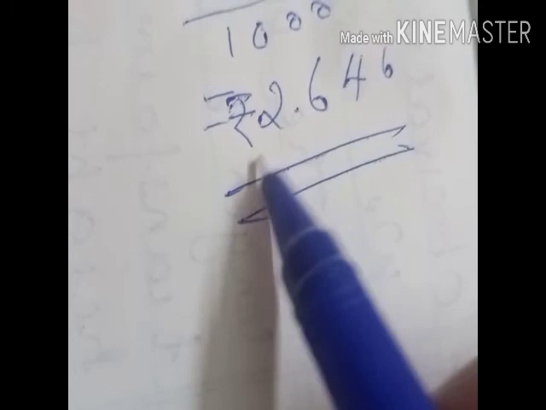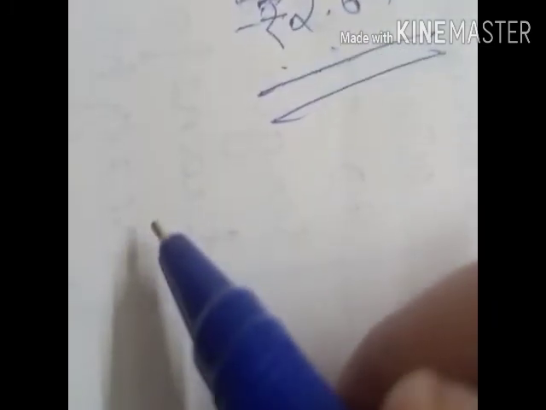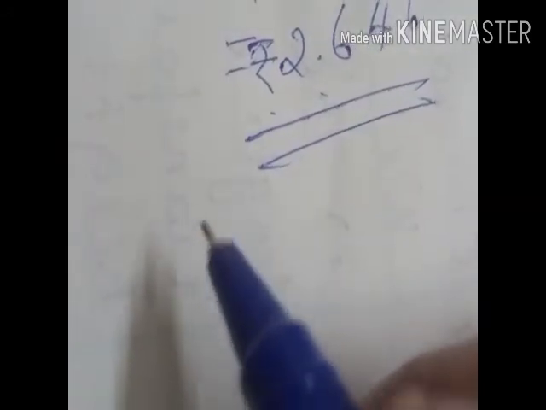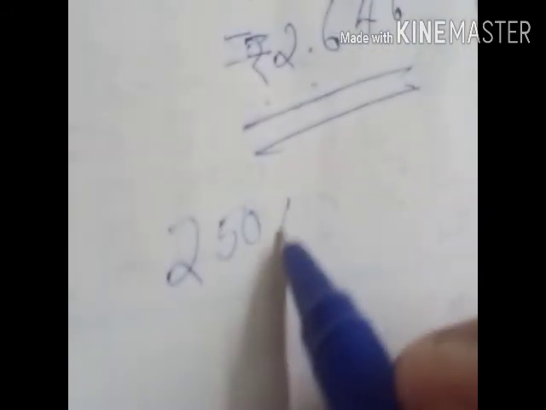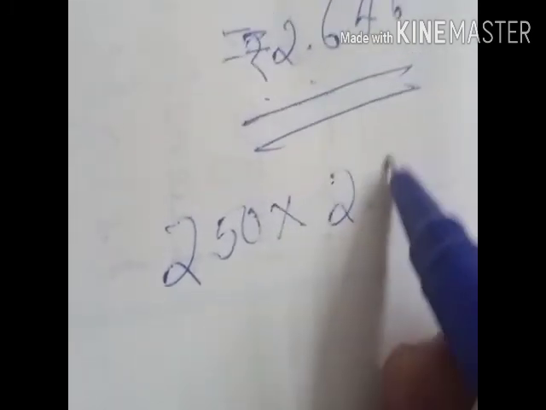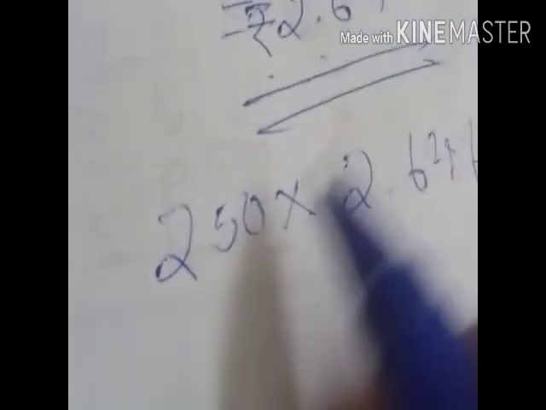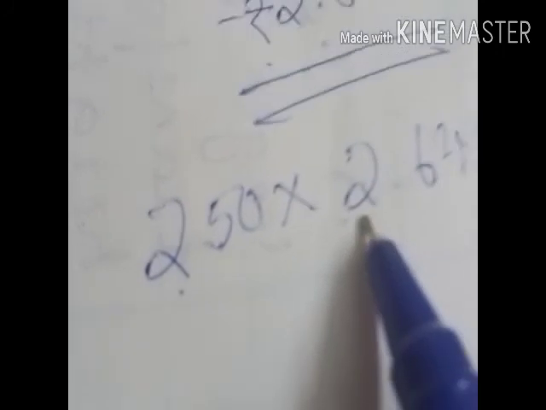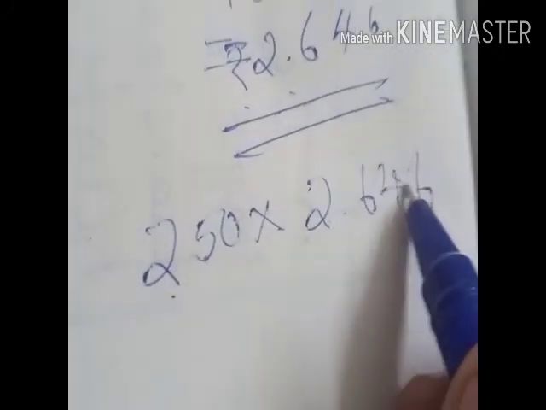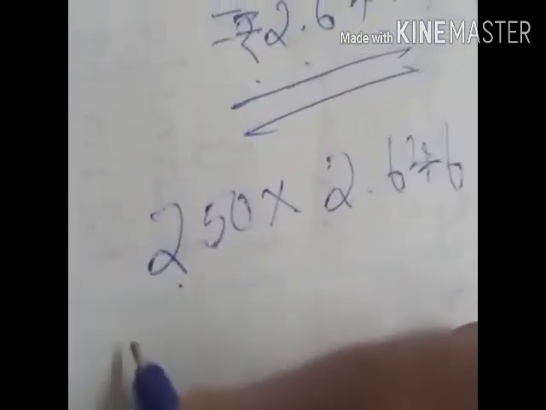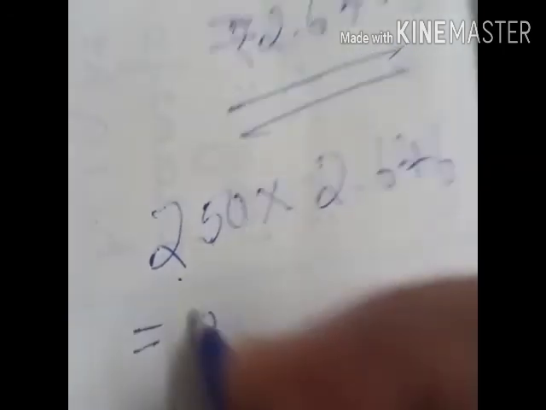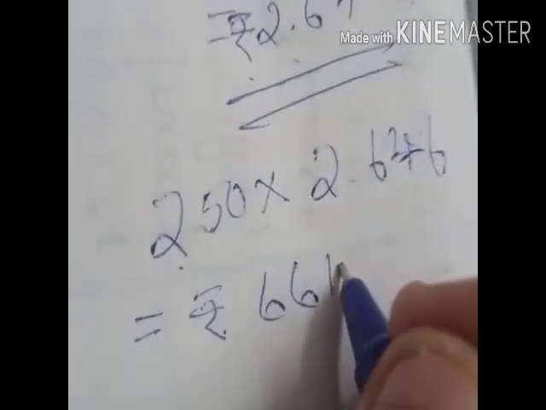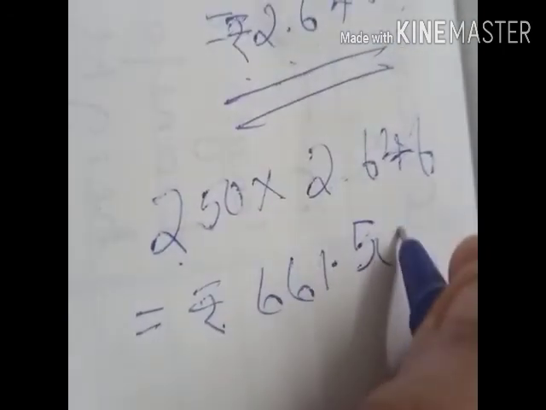For one small box, how much required? Rupees 2.646. So here we have to make 250. So what is the cost of 250 such boxes? That is 250 into 2.646. That is equal rupees 661.50.